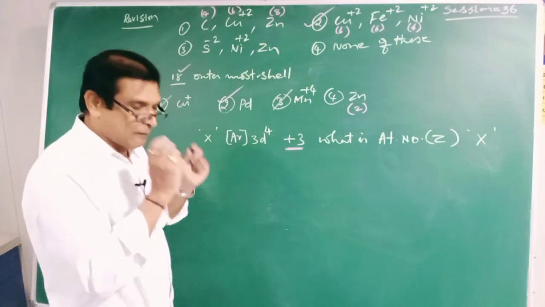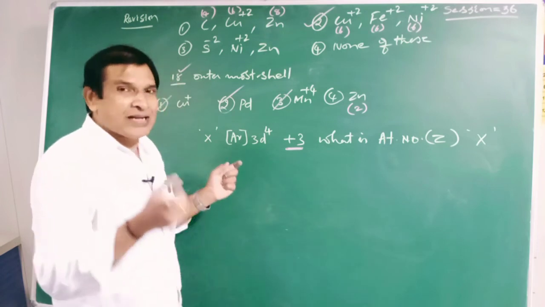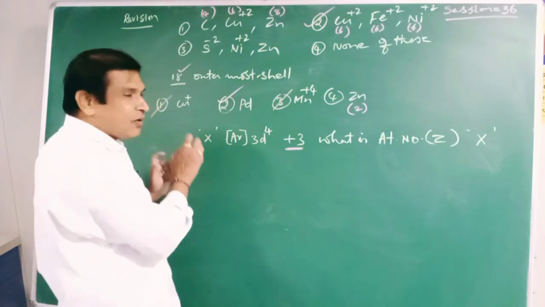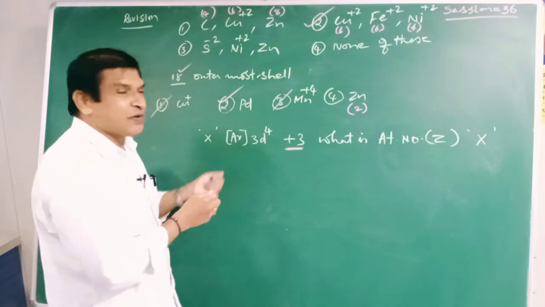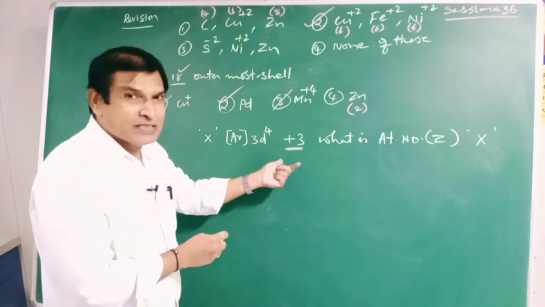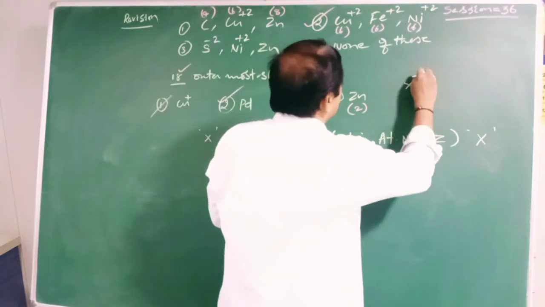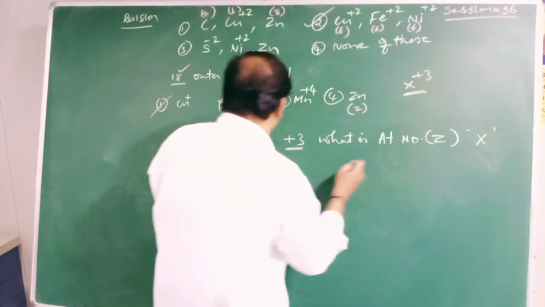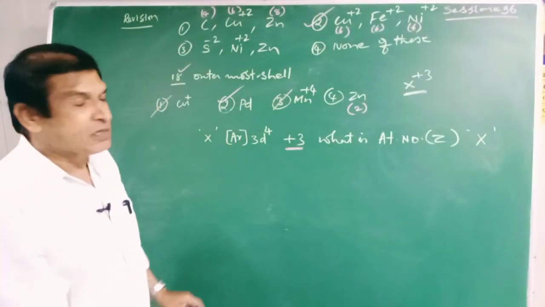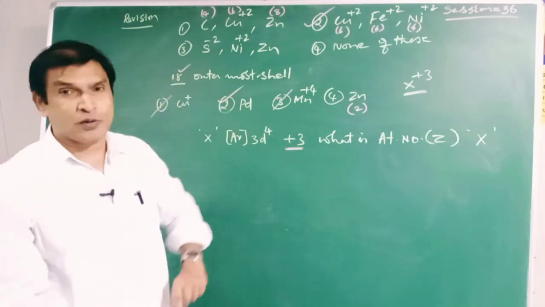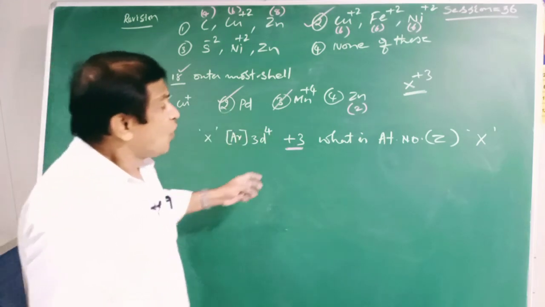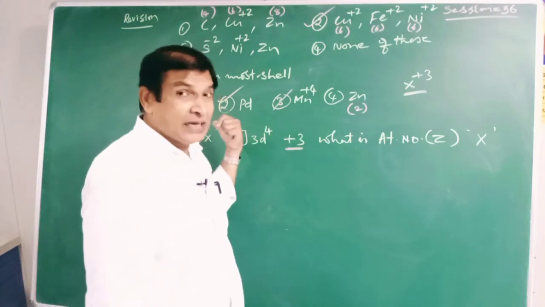Once again, listen. A transition metal X has this configuration in +3 oxidation state. That means we are talking about X +3, and in this X +3 the configuration given is argon 3d4. So what would be the atomic number of that element X?